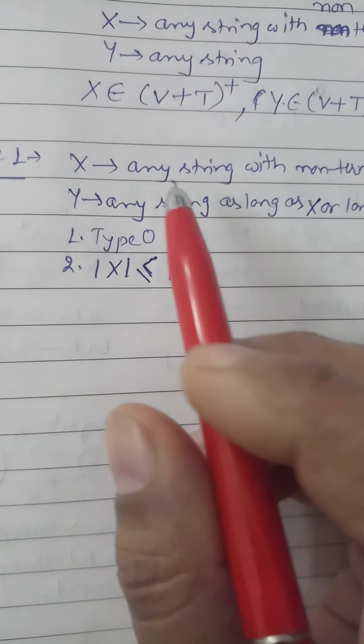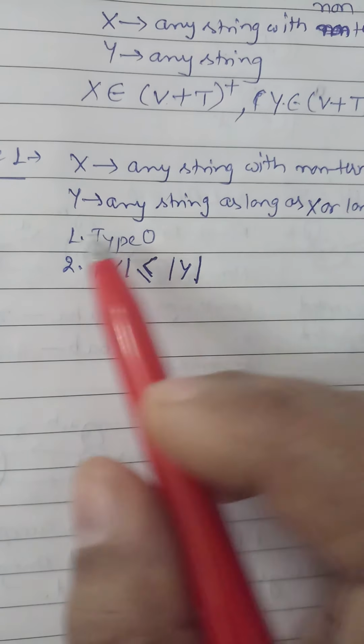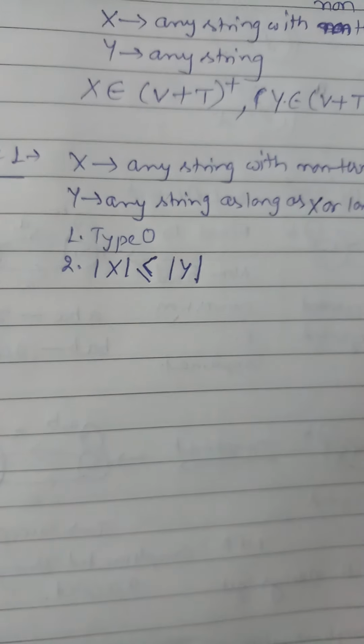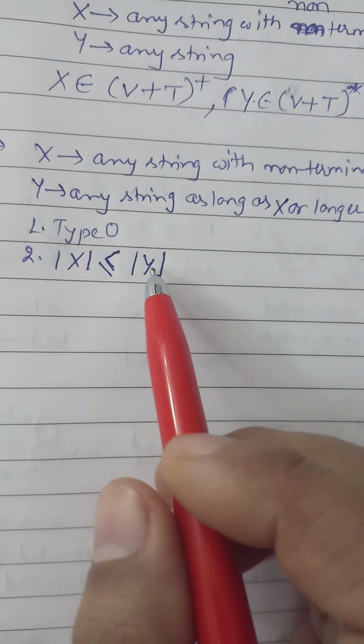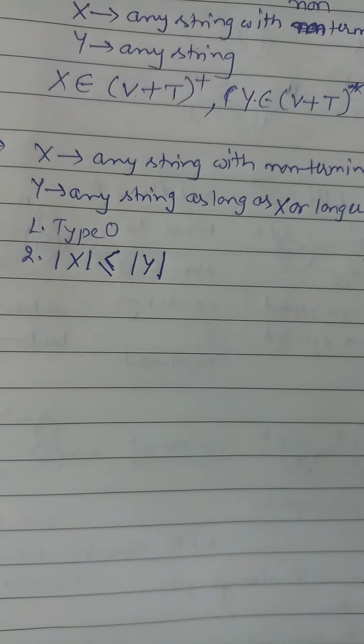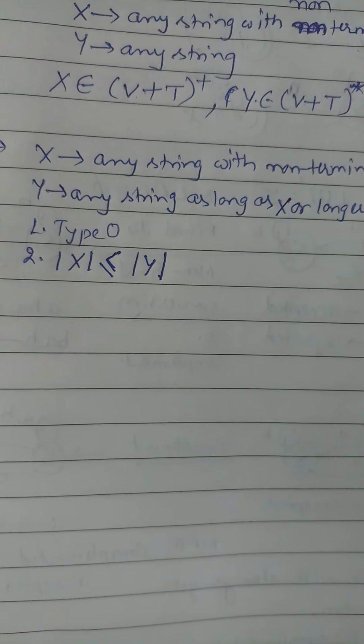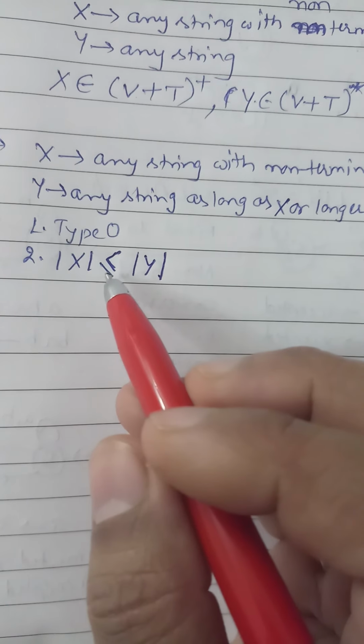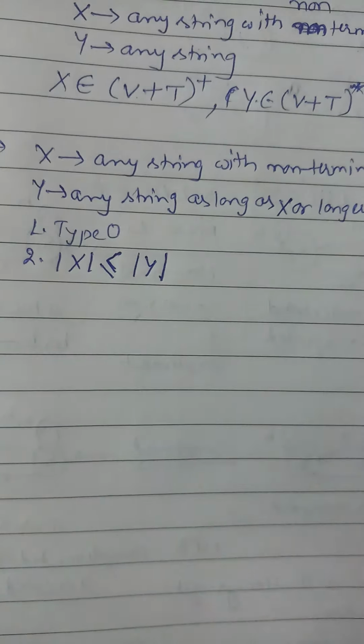As we have right here, any string with non-terminal in x, and y any string as long as x or longer than x. That's why the length of y can be greater than x, or it can be equal to x.